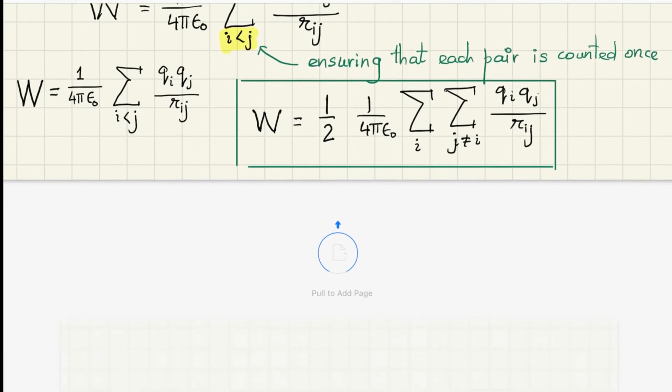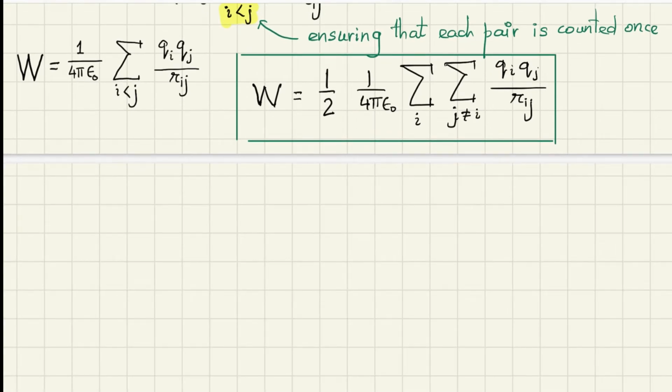Now there is a prettier way to write this summation, because you will realize that the potential at the position of the ith charge is nothing but 1 by 4 pi epsilon naught, sum over the potential due to all other charges.